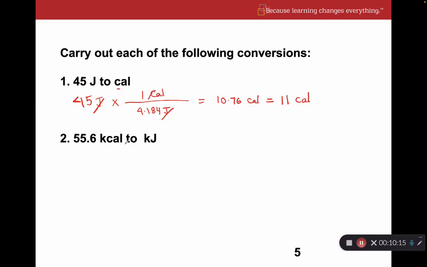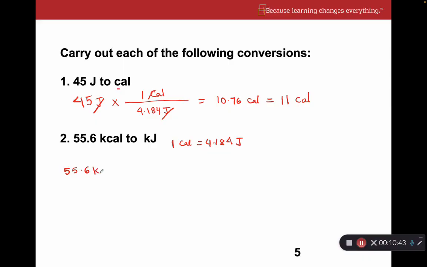55.6 kilocalorie to kilojoule. I do not remember other units, but something that I remember is 1 calorie is equal to 4.184 joule. This one I have memorized, so I want to use it to work on this problem. There is more than one way of doing it.